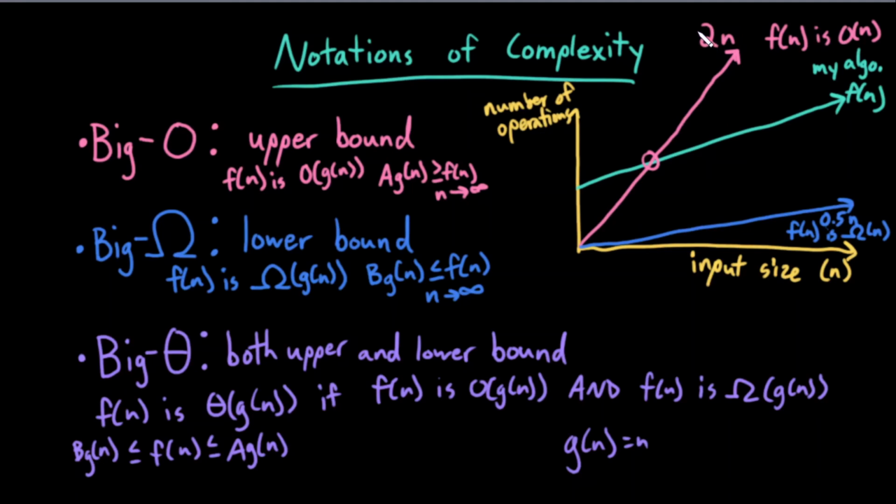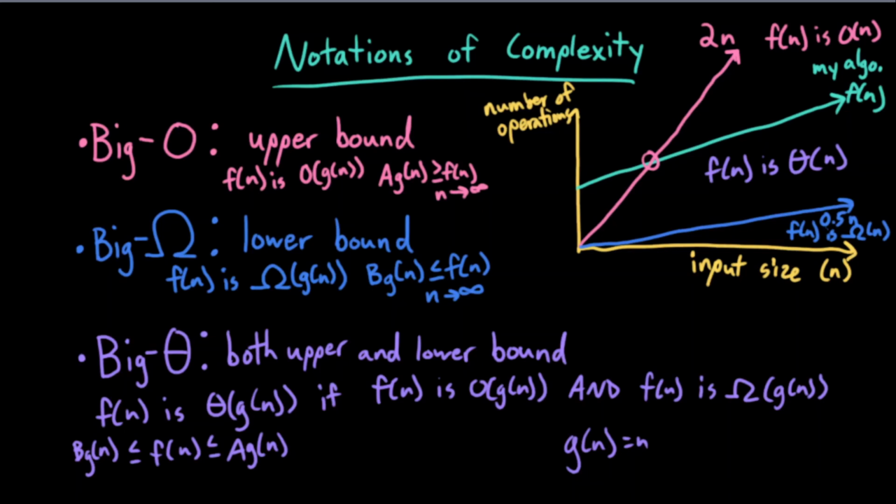I have some constant 2 that I could plug in for a, such that 2 times g of n, which is 2n, is always bigger than f of n, and some other constant, 0.5, such that 0.5 times g of n, 0.5n, is always a lower bound. Same exact function, two different constants, now provides both an upper bound and a lower bound. This means that f of n is big theta of n.